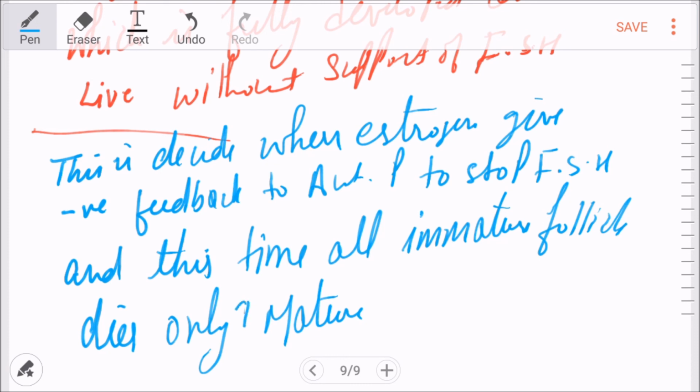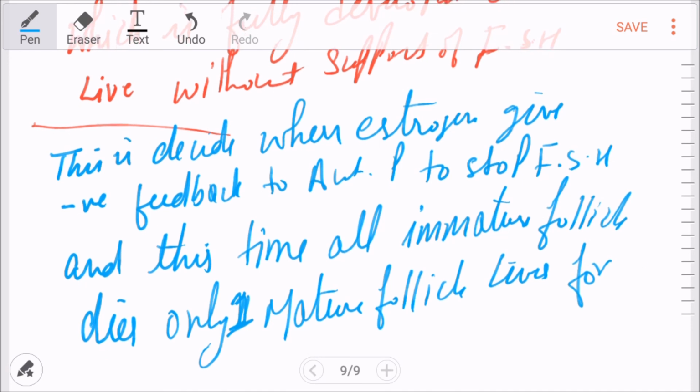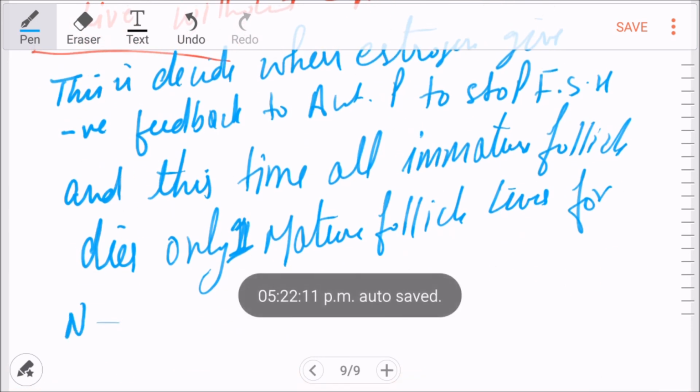Only one mature follicle lives for the next step.